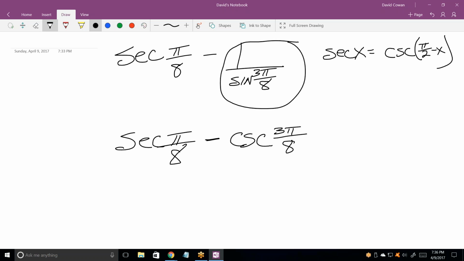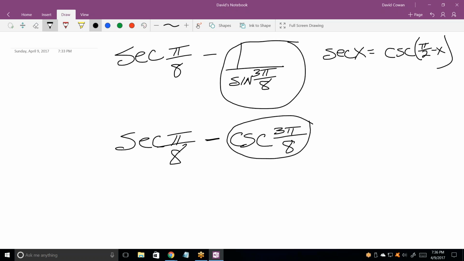So what I'm looking at here is the secant of 5 pi over 8.